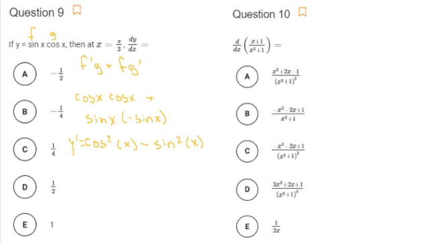Now we're looking for y prime at pi over 3, so cosine squared at pi over 3 minus sine squared at pi over 3. Now our cosine at pi over 3, this is one of the values that you need to know, so that is 1/2.